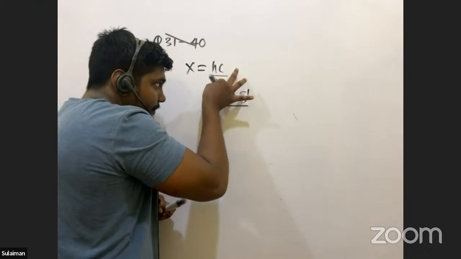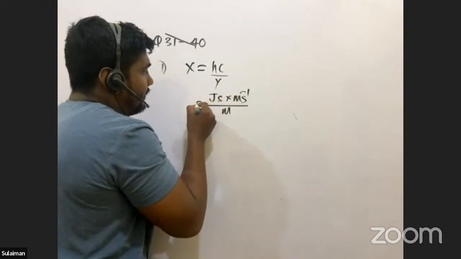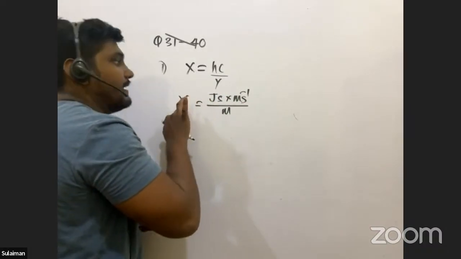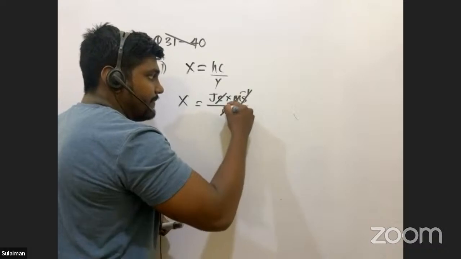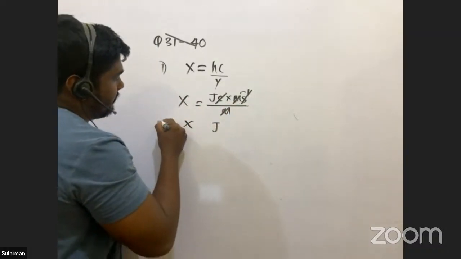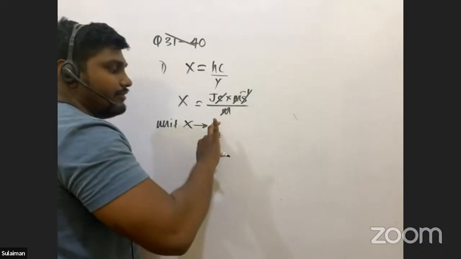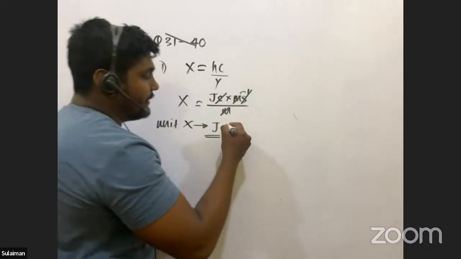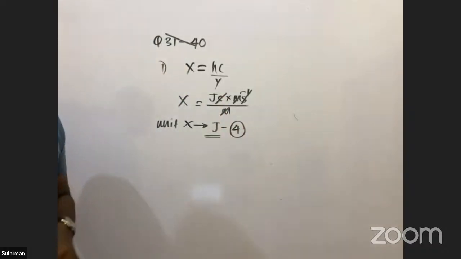Capital Y is length, so its unit is meters. Then, if you want to find the unit of capital X, seconds per second cancel out, simple m cancel out. Then the unit of capital X is joules. It's joules, right? So therefore, the right answer is the fourth one.